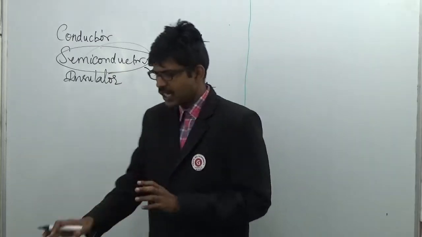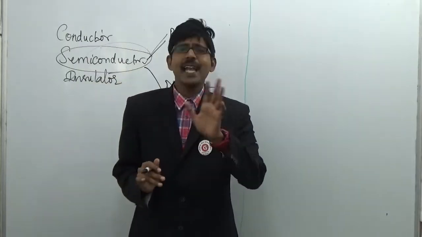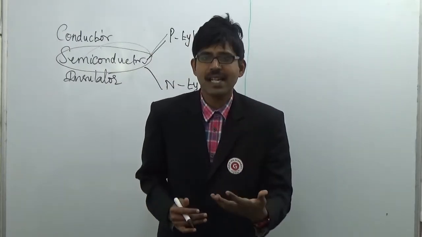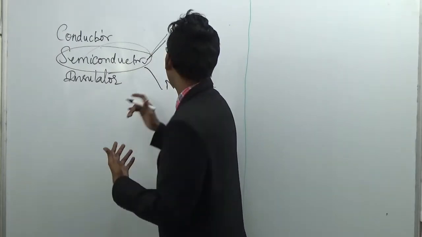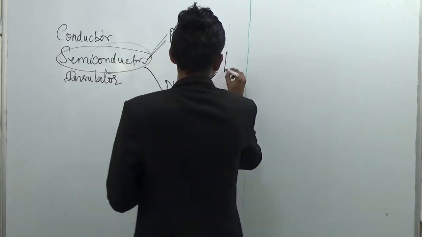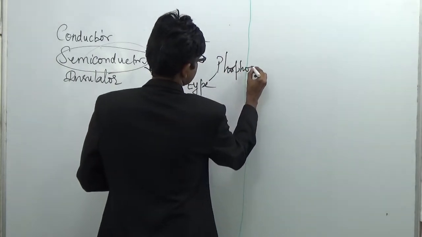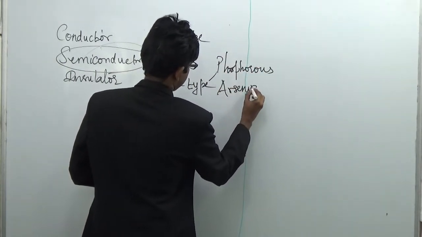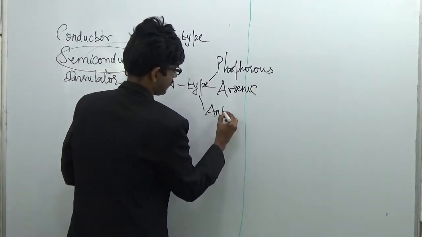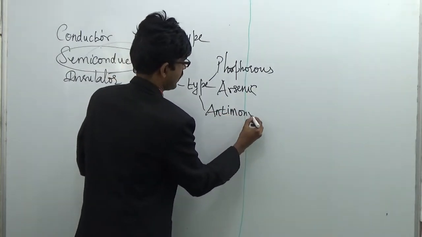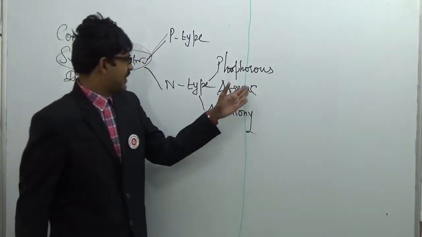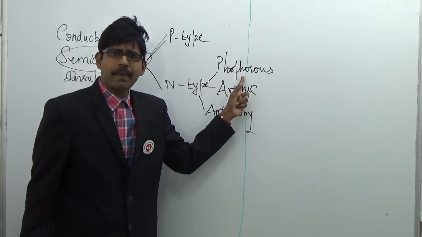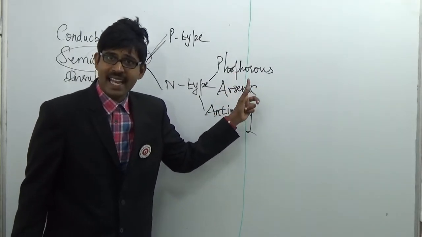Now what are a few examples for an n-type impurity? Phosphorus, arsenic and antimony. They are components which are rich in electrons.